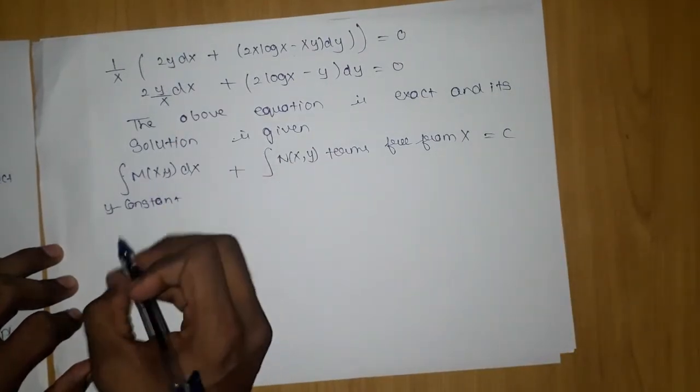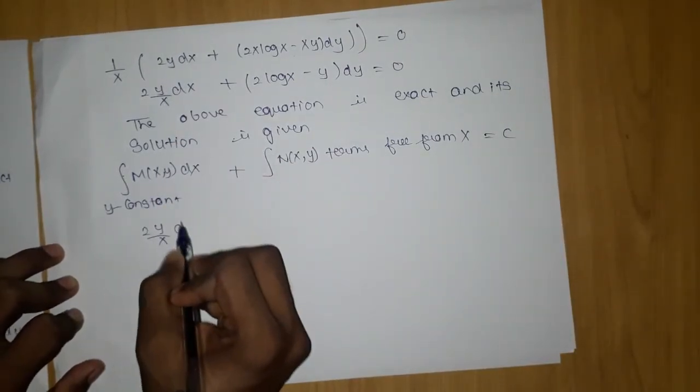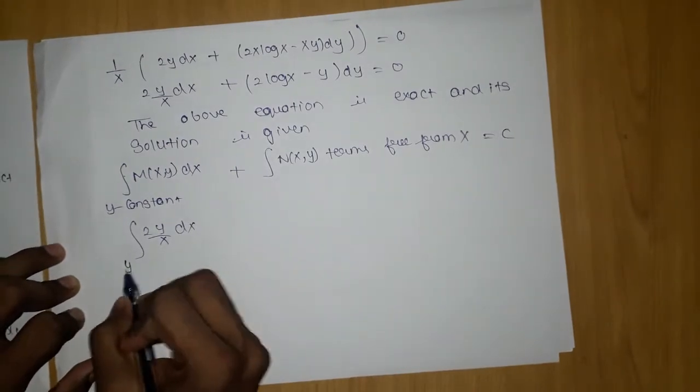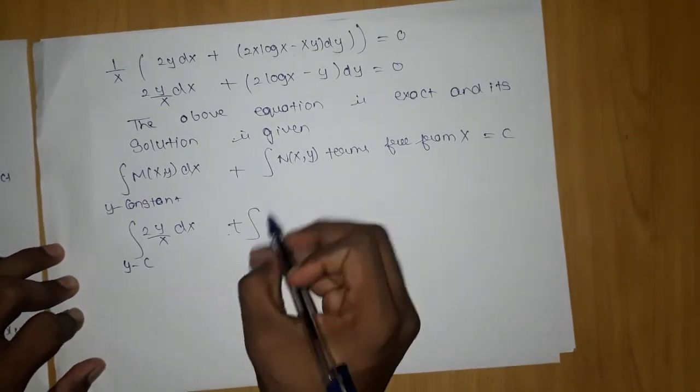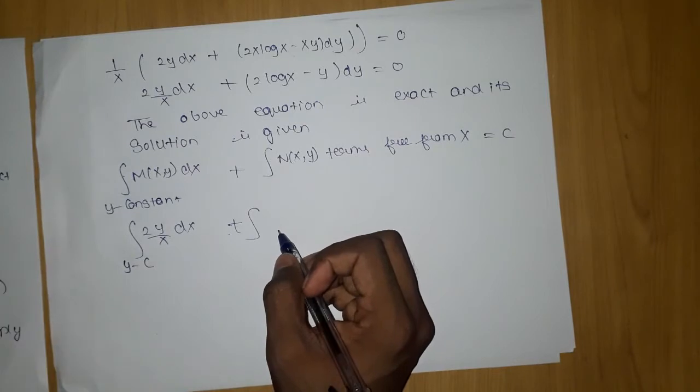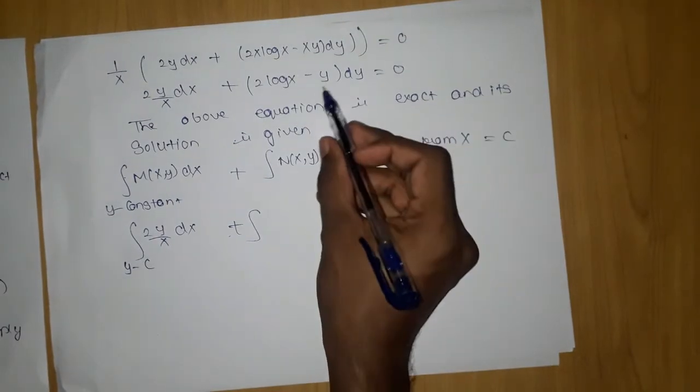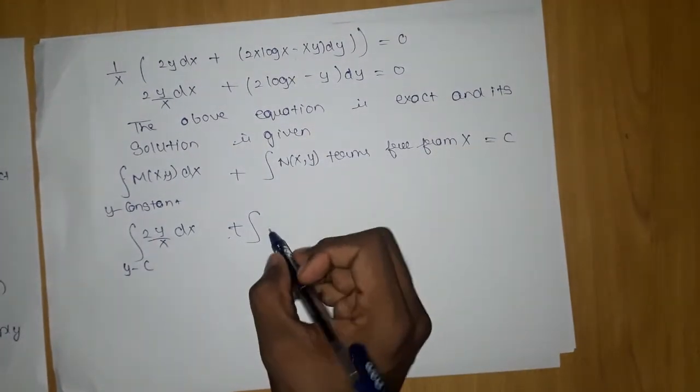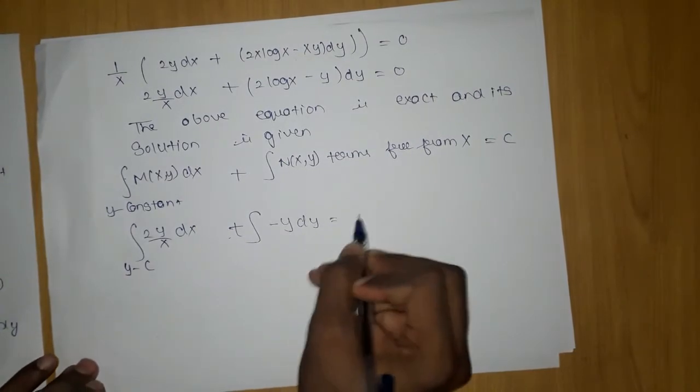Just substitute the value, which is 2y by x into dx. You have to put this, y is constant. Integral N of x, which is free from x, which is nothing but minus y dy, should be equal to what?